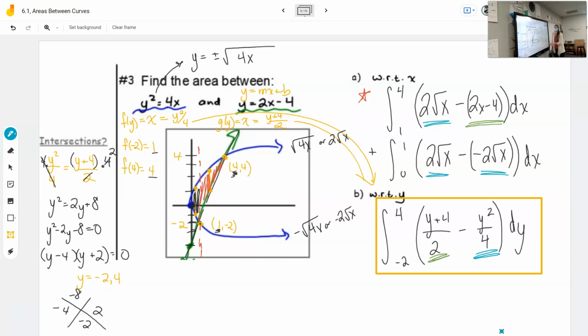In terms of x, I have to split it up to get the whole parabola. So in terms of x, I have 1, 2, 3 different curves. In terms of y, I only have 2 different curves. Because of this little thing called the vertical line test that says, uh-oh, you can't have one on top of the other. I don't have a way of showing it without a plus or minus.